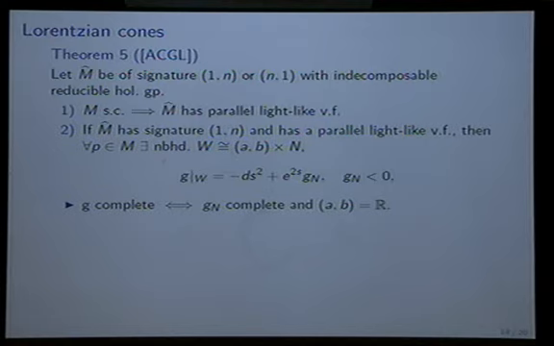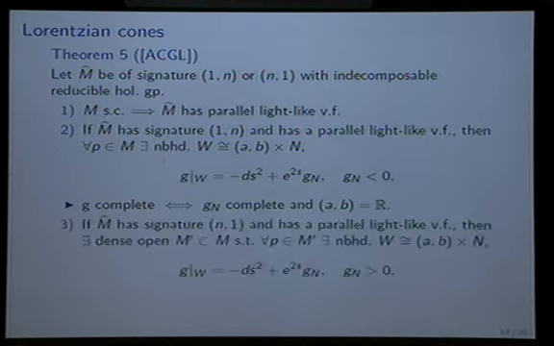And in the second case, it's a little different. If the signature is n1 and not 1n, then it looks very similar. You have again, on some dense open subset, you can find some neighborhood of any point such that the manifold is such a product with this kind of metric.